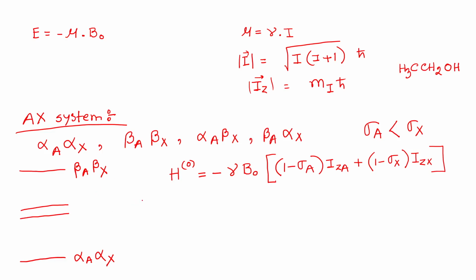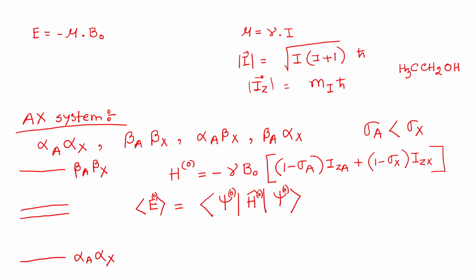So how do we get the energy of a particular state? The energy, or the average value, can be decided like this: psi, your Hamiltonian operator, psi. For the unperturbed energy we can write E naught.